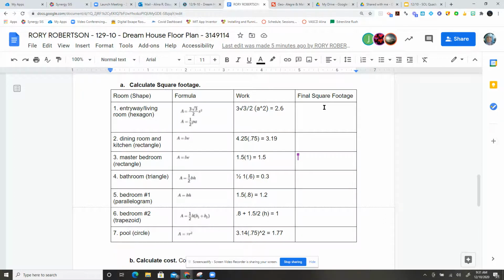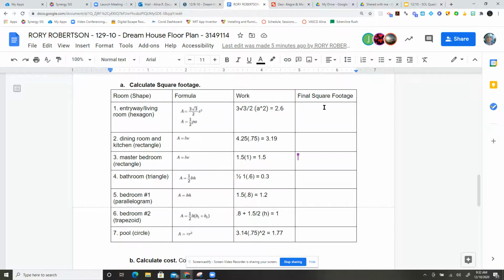So you take that 2.6 and you multiply it by 10 squared. Now I see the question. And you take the 3.19, all of those final answers, just multiply it by 10 squared. Okay, that makes a lot more sense. Because it's almost like you're matching units.